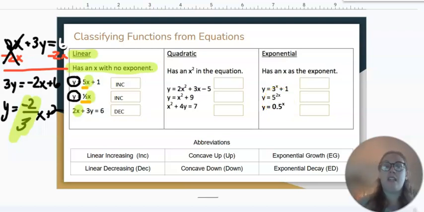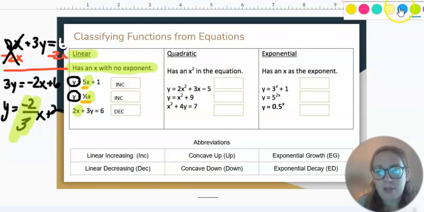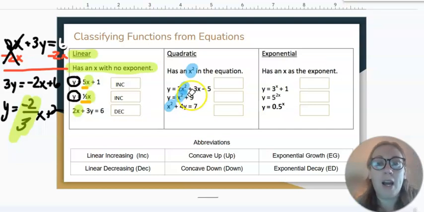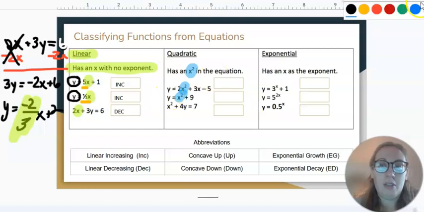The next one is when we're looking at quadratics. So when we're looking at quadratics, we see this exponent of an x squared. So notice all of these quadratics have an x squared. So that's important to be able to differentiate between linear and quadratic. And again, we want to have y equals, because notice for these first two, it's y equals and y equals.